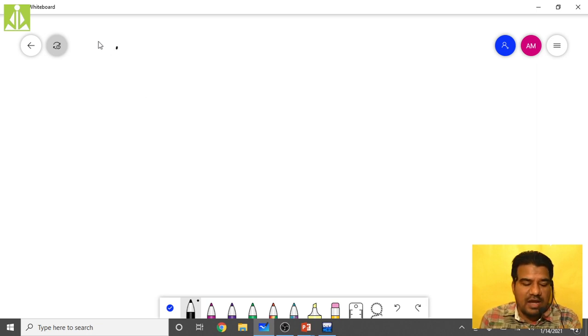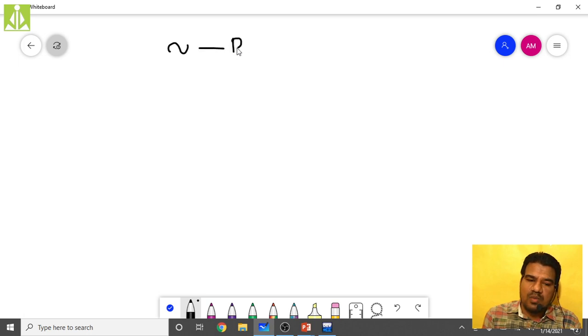So now we are discussing bitwise NOT. The negation symbol is used to represent bitwise NOT. It will simply flip all the bits of a given operand.